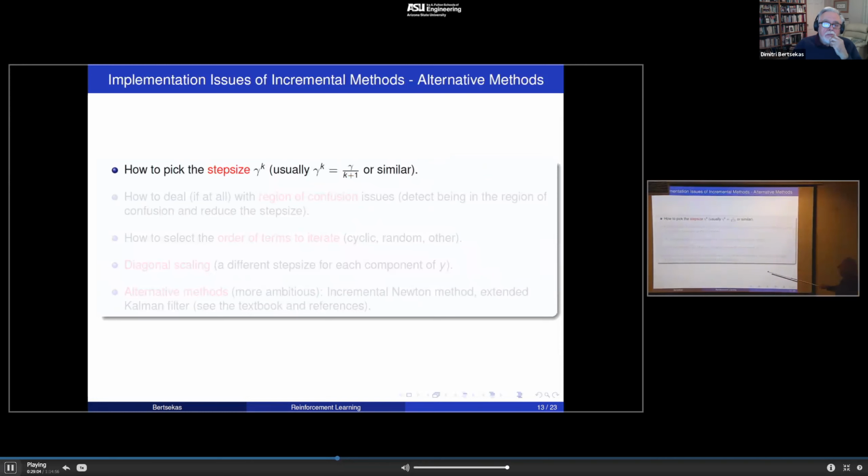So these are variants of gradient methods. Let me mention a few issues here, which we're not going to get into. How to pick the step size. Usually the step size is chosen to be diminishing. Gamma is a constant, and with every step, we diminish the step size according to a 1 over k, or 1 over k plus 1 rate. There are also variants of this.